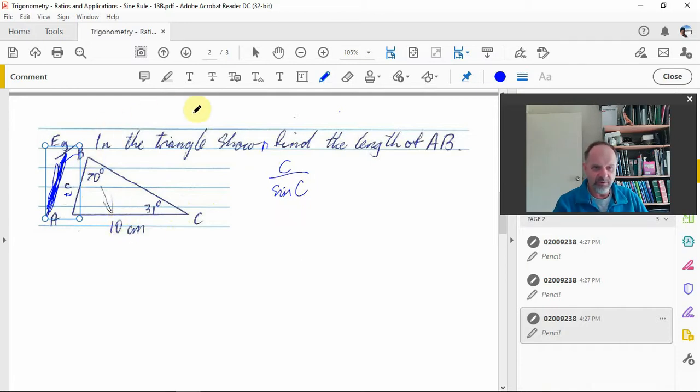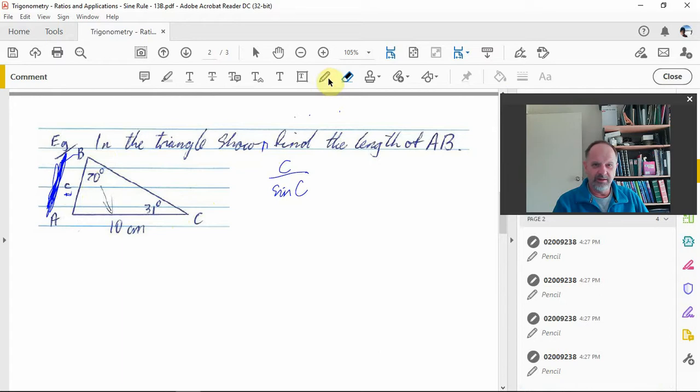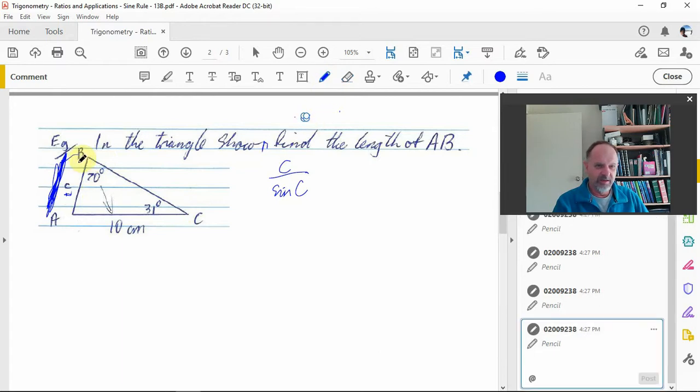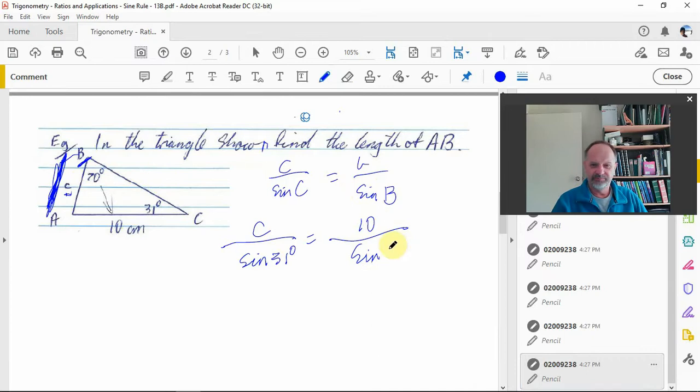Now when I have a look there, let's put that there. There we go, b here. So I'm looking at b over sine B. So side length c over sine 31 equals side length b over sine 70.